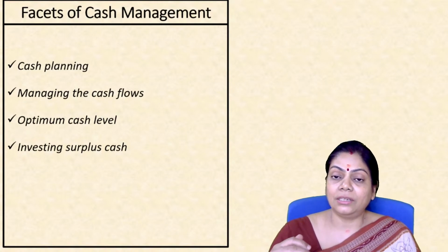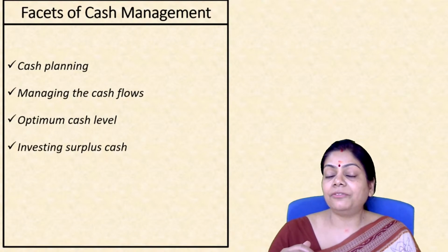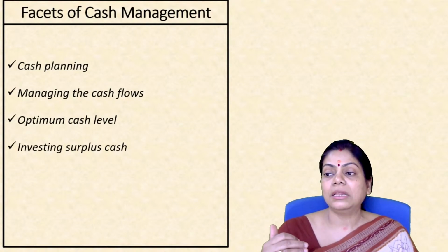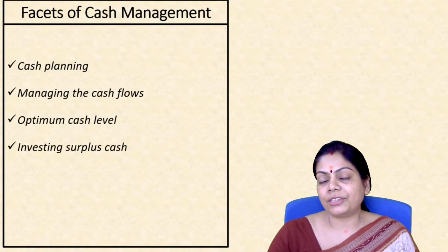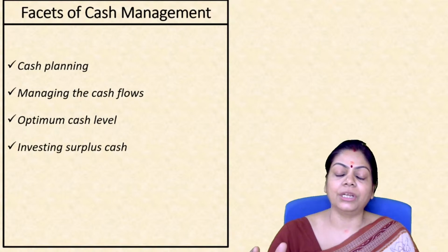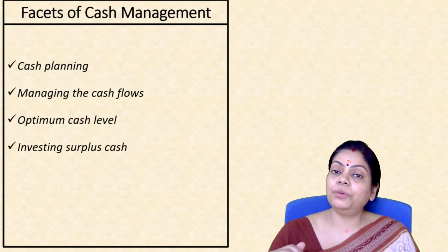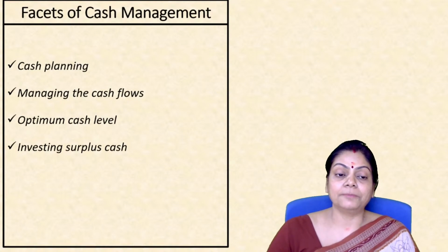That is called deciding the optimum level of cash. And this is a very important aspect, because if this calculation goes wrong, then you will face one of two consequences. You will face a risk from liquidity, or you will face the risk of lesser profitability. So there has to be appropriate planning on cash balance.